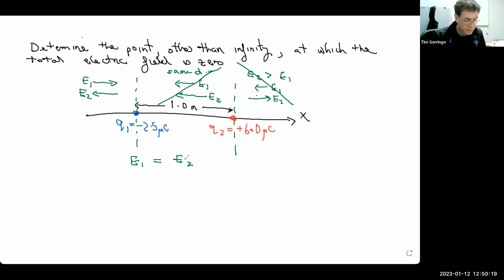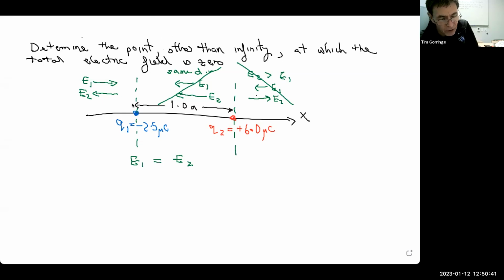They're the same. Now I'm going to fill in the law, based on Coulomb's law, for the strength of the electrical field due to an electrical charge, in terms of the charge and the distance from the charge. So for Q1, I'm going to introduce a variable x, a distance x.